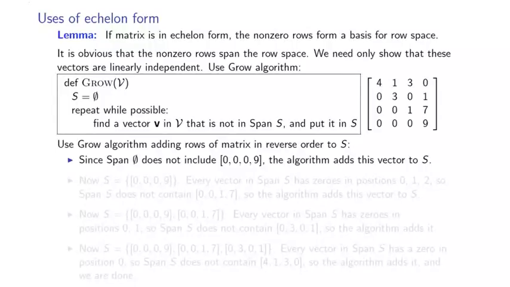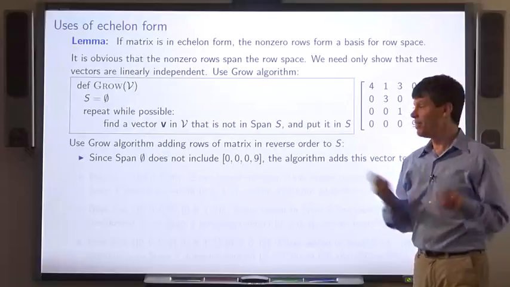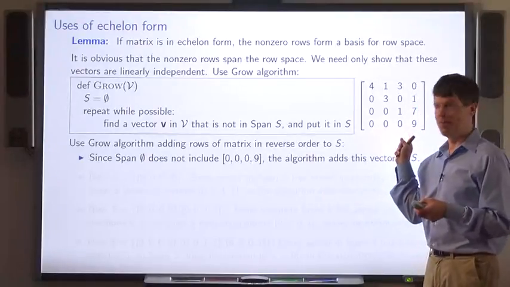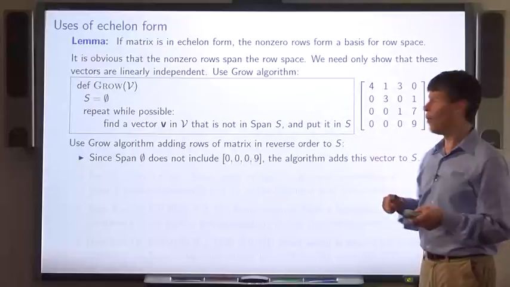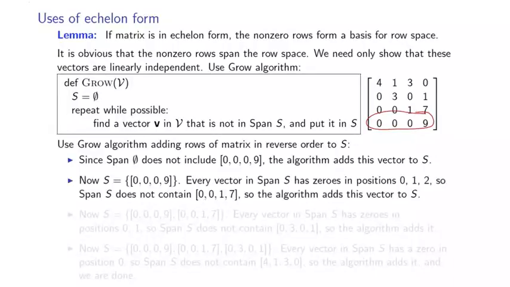Initially, S is the empty set. The algorithm considers adding the last row. Now, since the span of the empty set doesn't contain this row, the GROW algorithm will go ahead and add it. Next, now S consists just of that row.